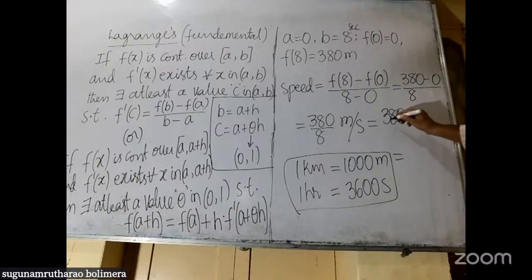In order to convert meter per second to kilometer per hour, you have to multiply with 18 by 5.